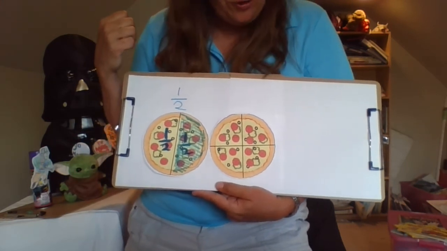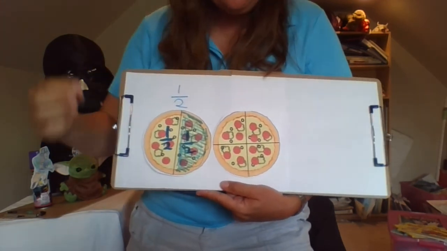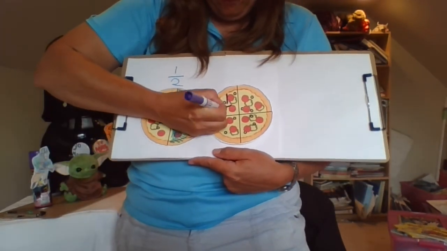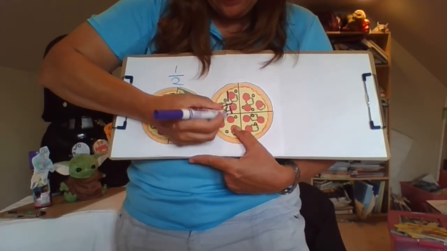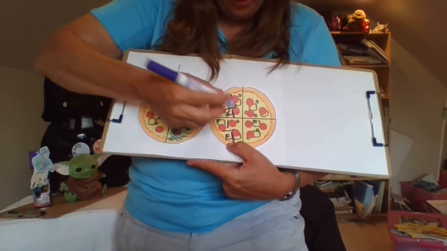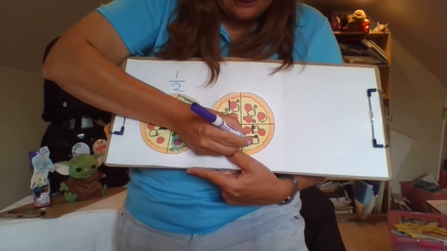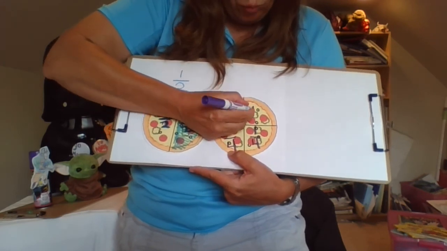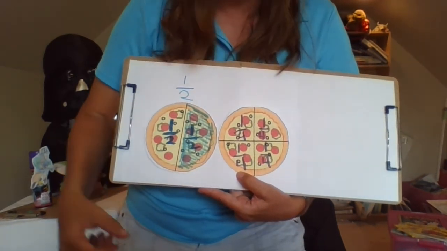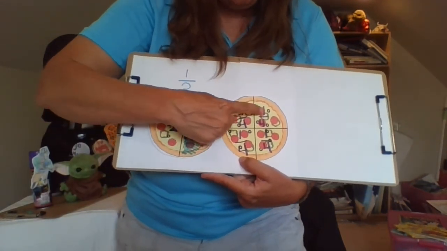Remembering that there's 4 parts. Excellent. You're right, Baby Yoda. I'm going to write 1/4, because we know the bottom number tells us how many parts we have, and we have 4 parts in this fraction, 1/4.